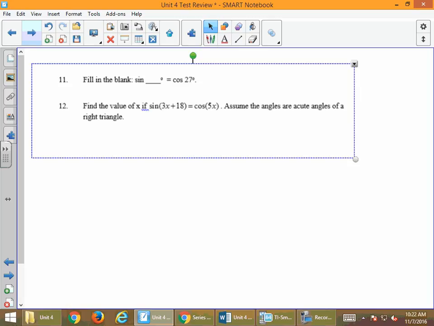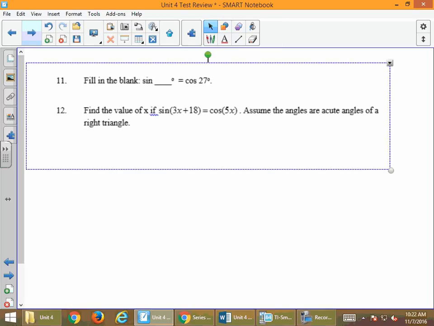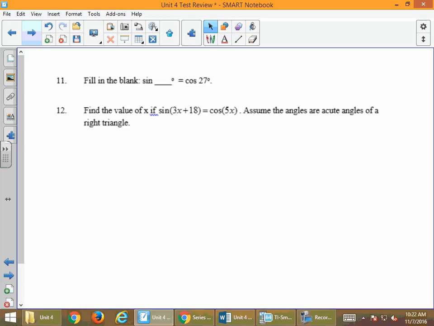Okay? You look at the next one. This is what was on your skills check. The sine of what equals the cosine of 27? Well, if the sine of one angle is equal to the cosine of another, what do we know about those two angles? They equal 90.